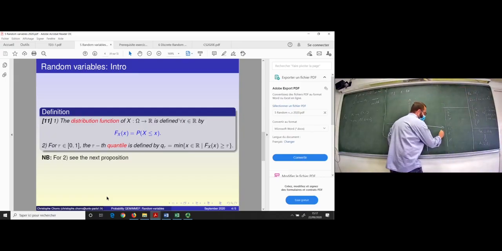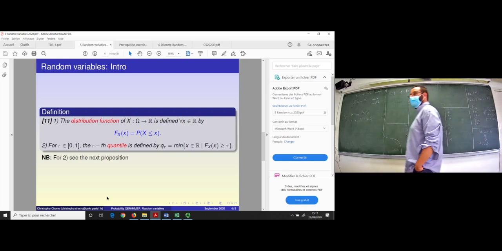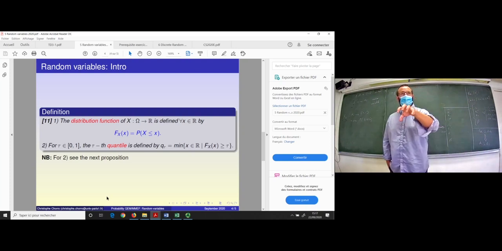So, first thing, what happens when x is strictly negative? What is the probability that an indicator function is strictly negative? 0, because my indicator function takes values in 0 or 1.